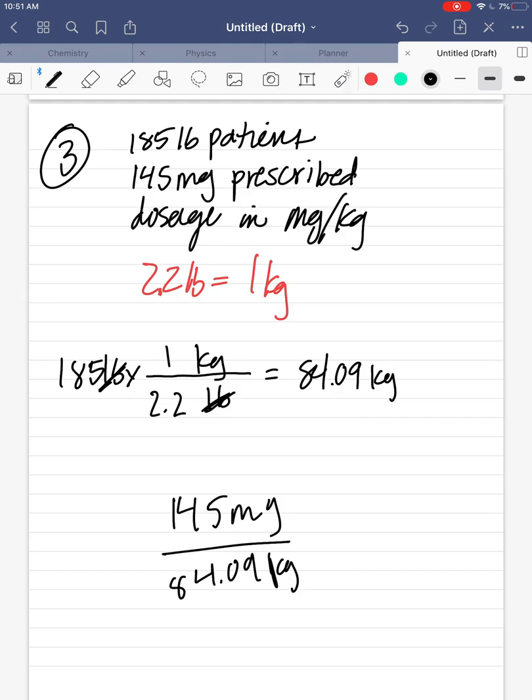But this is logical. I literally put the milligrams over the kilograms, and that's what it wants. So I don't see the problem there. Okay, so 145 divided by 84.09.